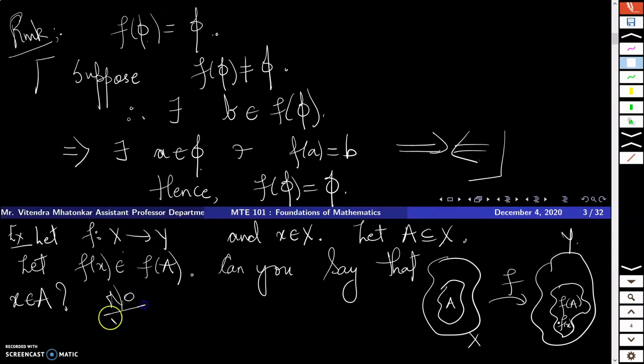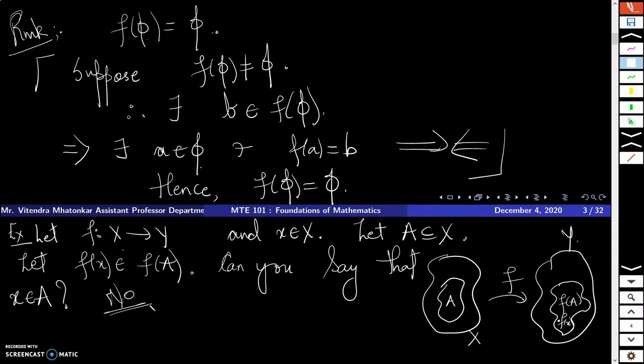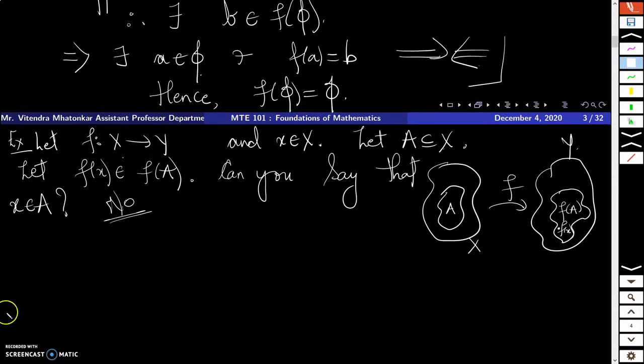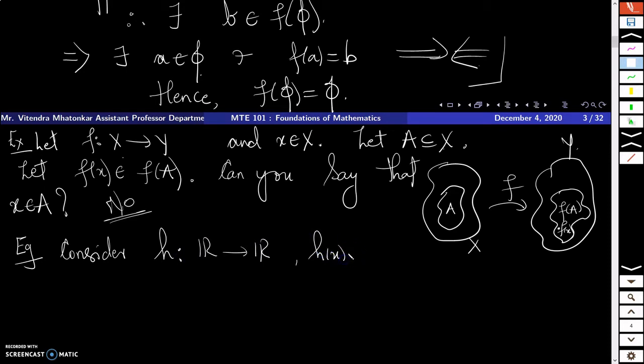Okay, so I'll produce a counter example for this. If you look at this map, consider h from, let's say, R to R, defined by h of x is equal to, let's say, 100. Every point is mapped to 100.